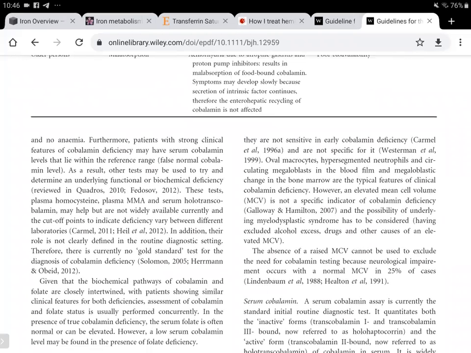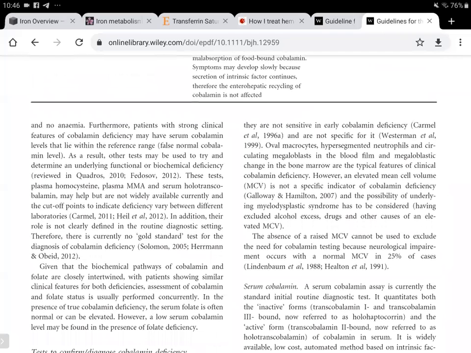Given that the biochemical pathways of cobalamin and folate are closely intertwined, patients show similar features for both, so assessment of cobalamin and folate status is usually performed concurrently. In the presence of true cobalamin deficiency, the serum folate is often normal.